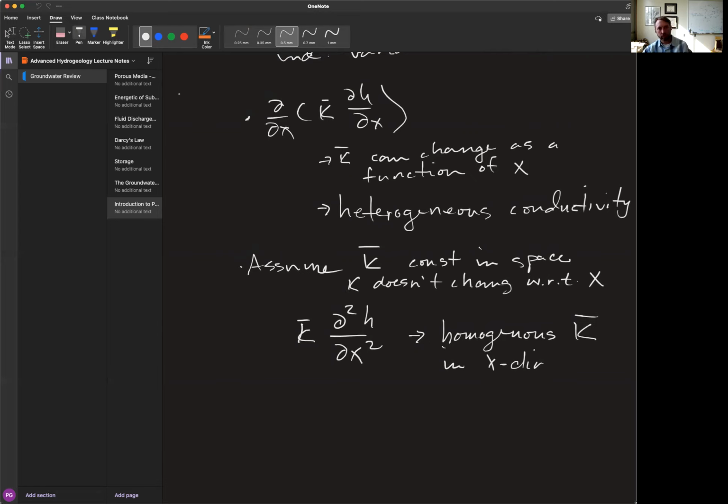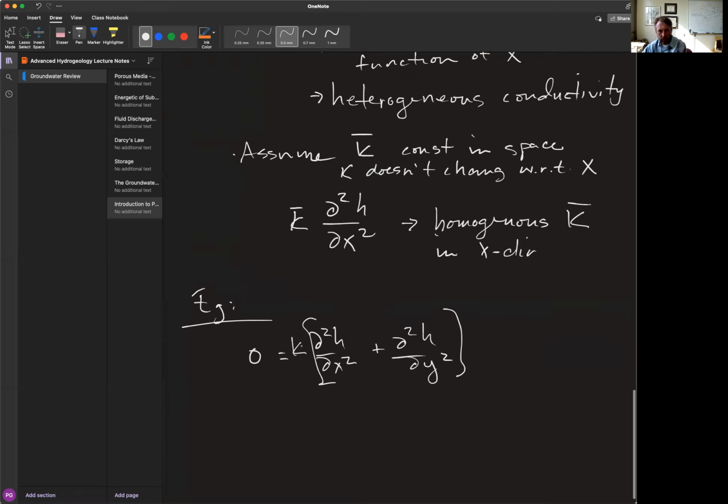So for example, if I have this equation, and I bring the k out here, well, this implies that I'm homogeneous, because the k is not in my spatial derivatives.